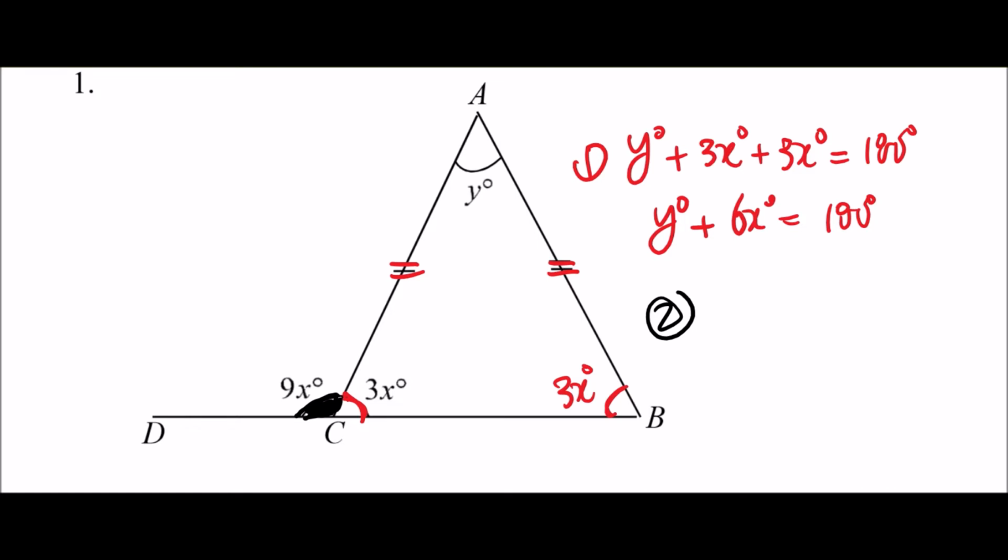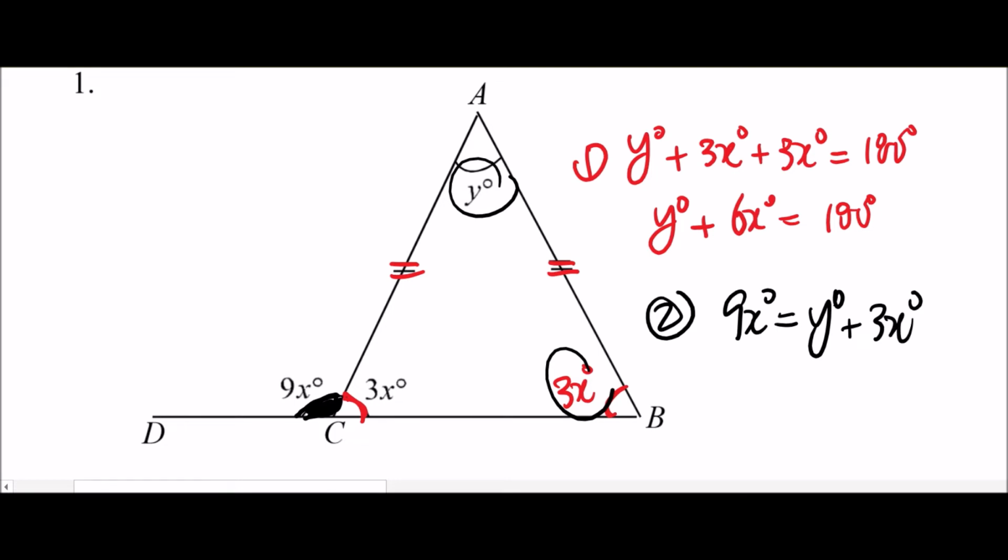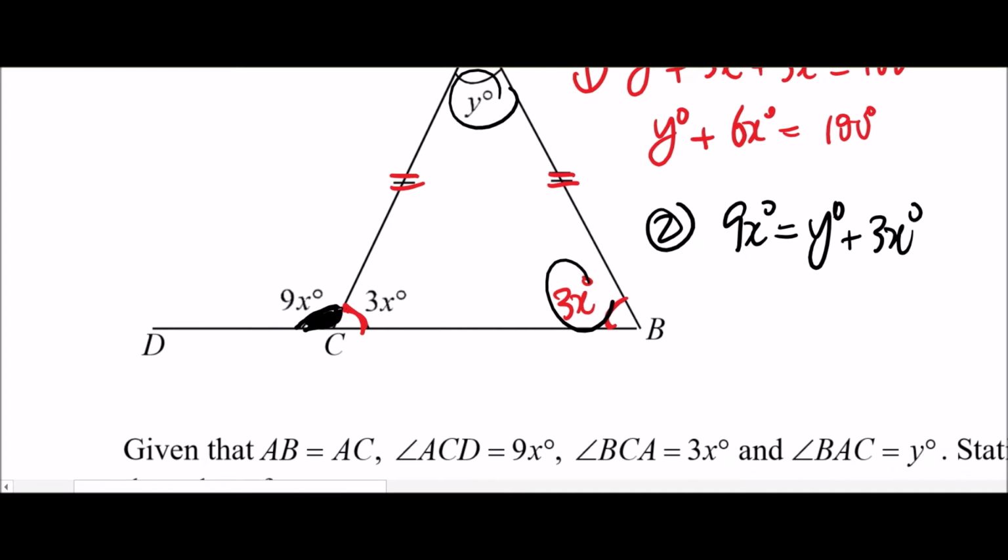We know that from this diagram, 9x degree equals to, what are the two opposite? These two fellas, y degree plus 3x degree. Okay, so let me rearrange the equation a bit. So I have 6x degree equals to y degree.